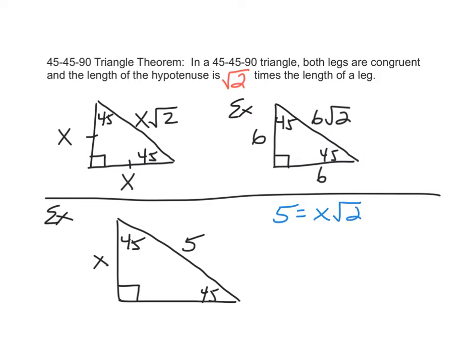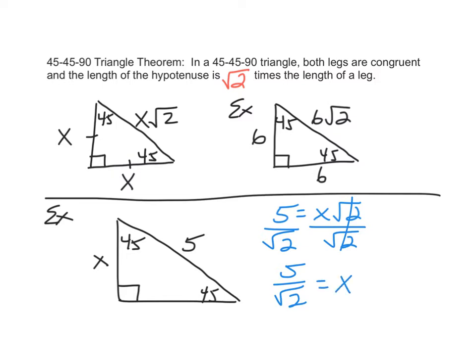Okay, that's what this is saying right there. This should equal this. So solve it. Let's go back to your algebra days. Divide by root 2. Okay, you can get 5 over root 2.